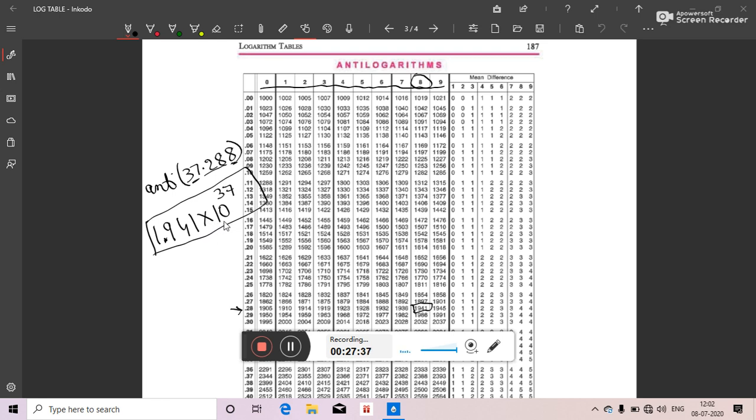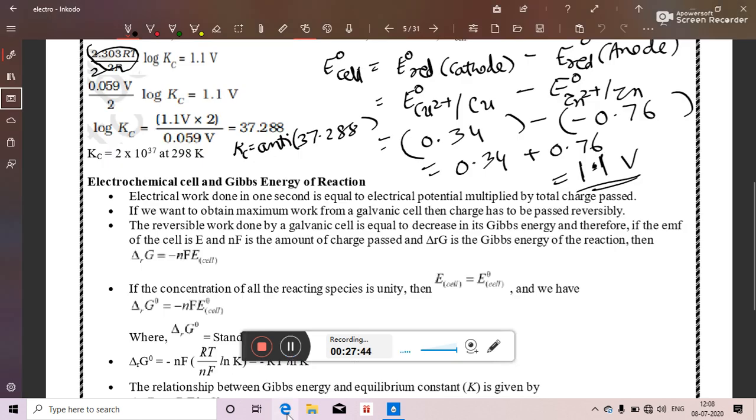So our answer is 1.941 into 10 raised to 37. Now 1.941 is approximately equal to 2. So our answer for Kc is 2 into 10 raised to 37 at 298 Kelvin temperature.